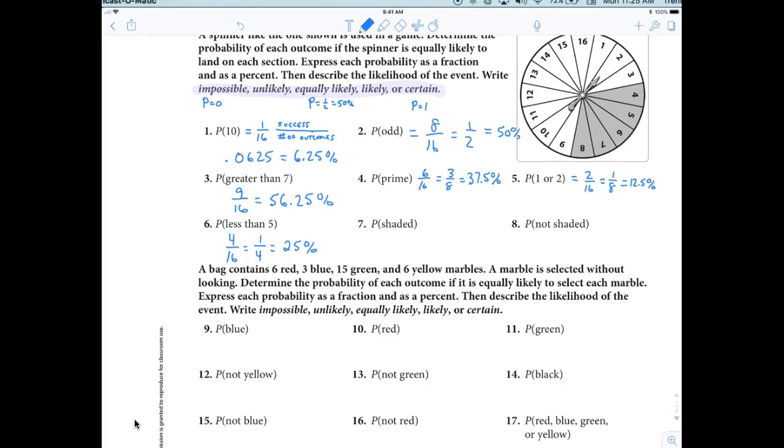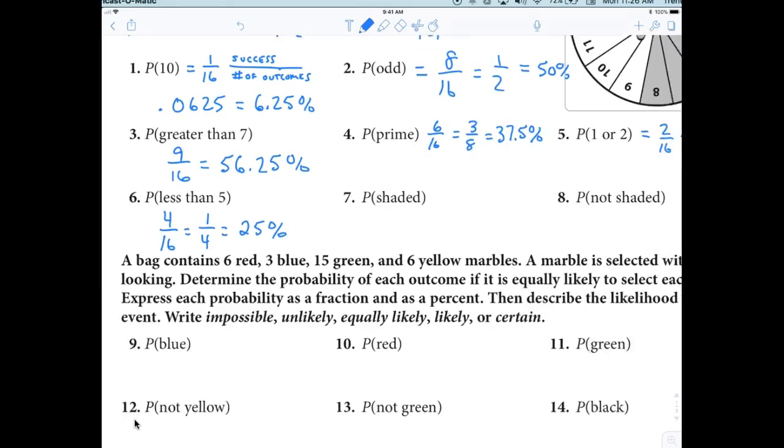Look at the picture, Julian. How many of the numbers are shaded? There's 5 shaded. Out of how many? So the probability would be what? 5 out of 16. So write down 5 out of 16.